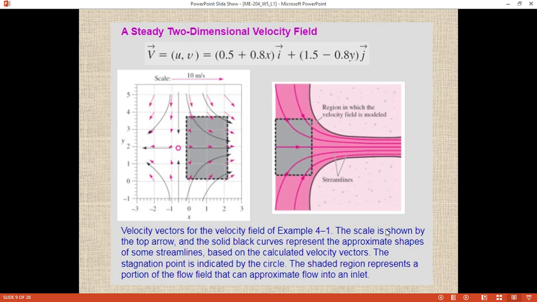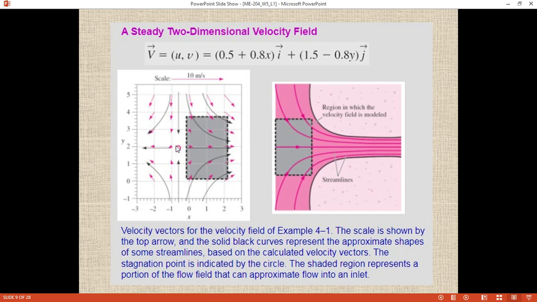The scale is shown by the top arrow; you can choose your own scale, and the solid black curves represent the approximate shape of some streamlines. So these lines are approximated. You took 4 or 5 points and joined them together, and based on that you joined other lines. So based on the calculated velocity vectors, the stagnation point is indicated by the circle.